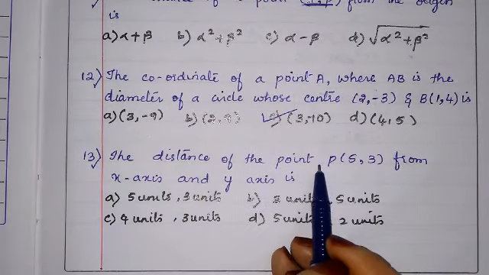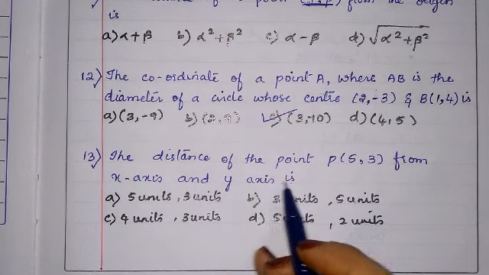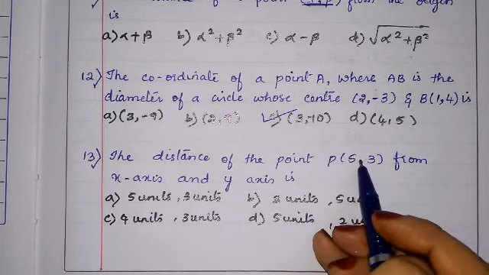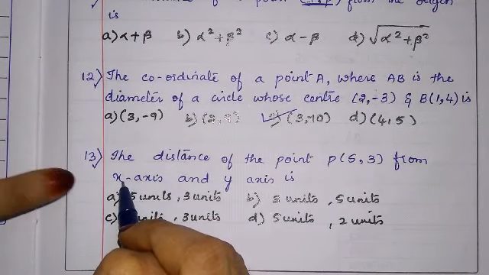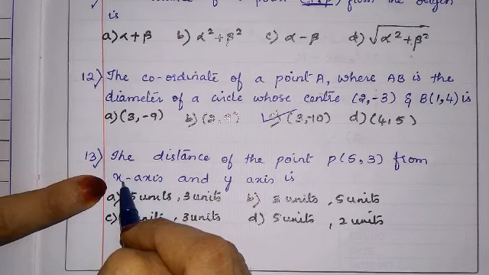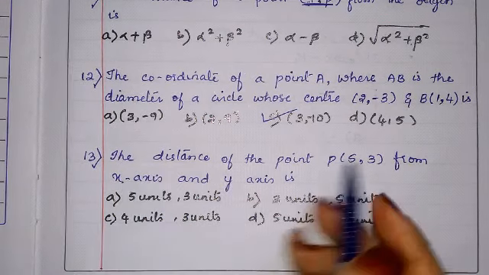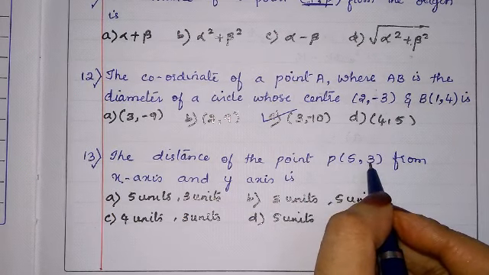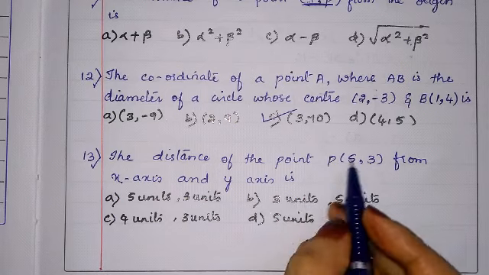Okay. So let us check the next problem. The distance of the point (5, 3) from the x-axis and y-axis is. Okay. (5, 3) from the x-axis. X-axis means y is 0 here.